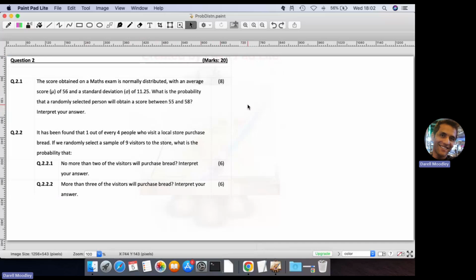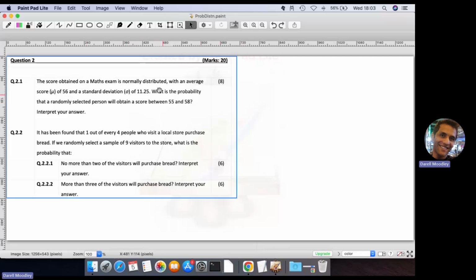What is the probability that a randomly selected person will obtain a score between 55 and 58? It also asks you to interpret the answer.